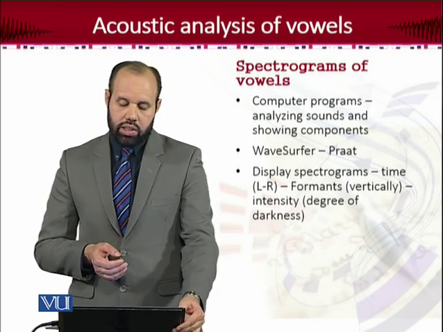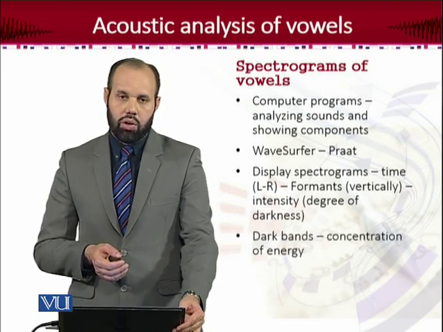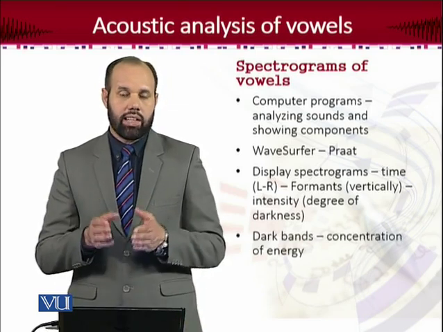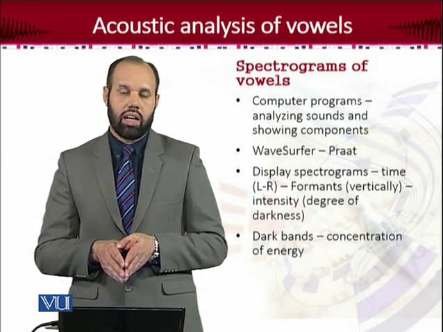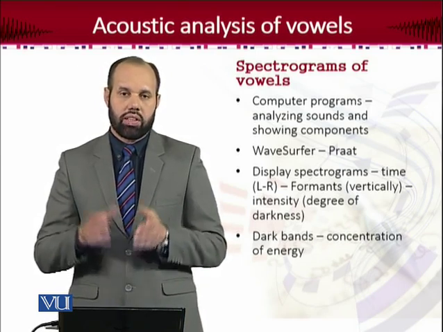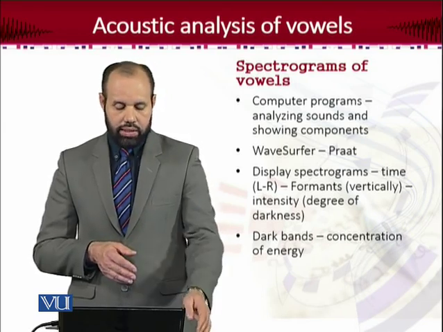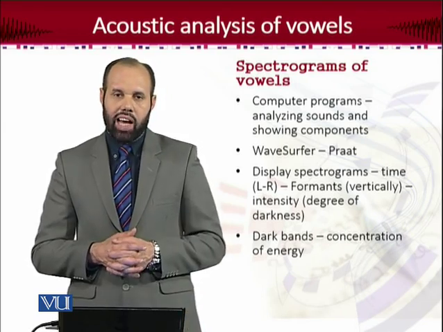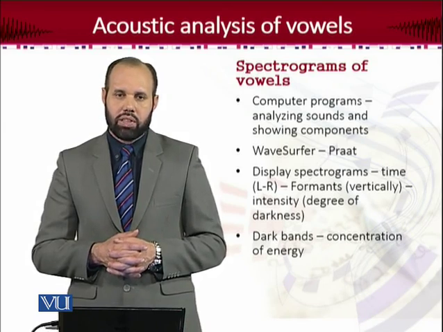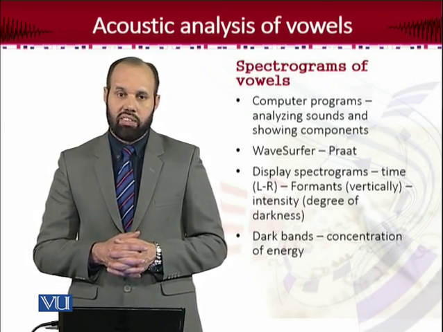And we are using the same values which we discussed already in the graphical form of these 8 American vowels earlier, right? So that's an important point. And the dark bands, let me tell you, are the concentration of energy.